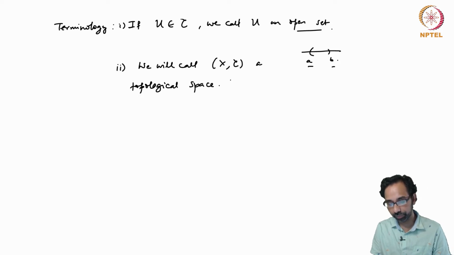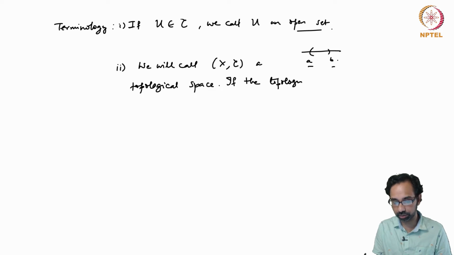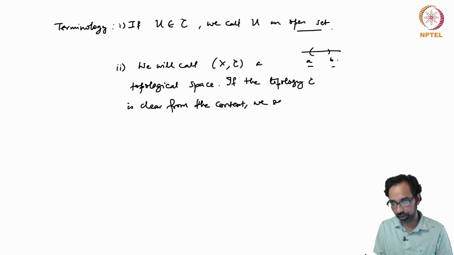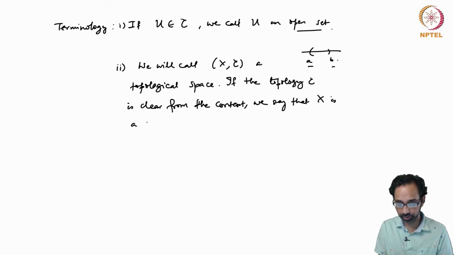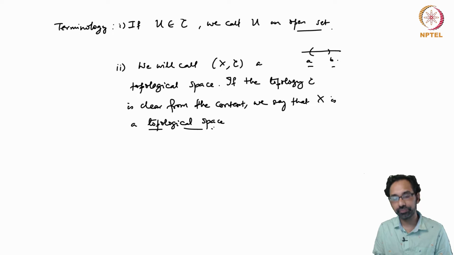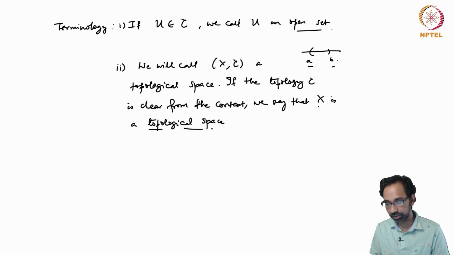If the topology tau is clear from the context, we say that X is a topological space. And it is this second one that we will use more often. Rather than saying X, tau all the time, we will just say that X is a topological space.